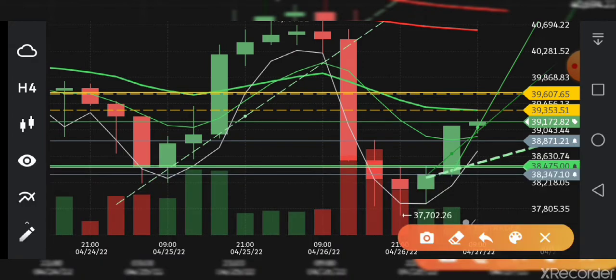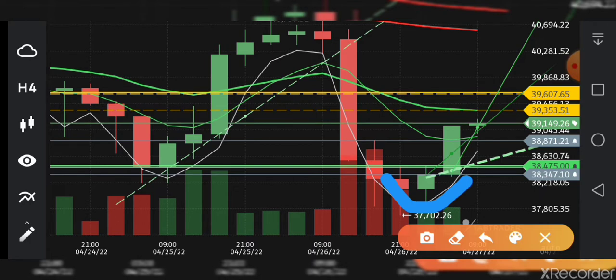You can see it curves, and then this is very important, I have my full 4 hours candle. It has been completed and it's opening above, showing that it's a bullish candle.